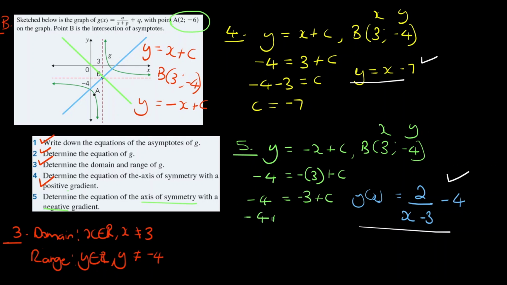We take the 3 to the left hand side, so negative 4 plus 3 is equal to c. C is equal to negative 1, and the full equation will be y equals negative x minus 1. And in that way, we would have answered question 5, and we would have gotten our full marks on our way to getting an A in maths.